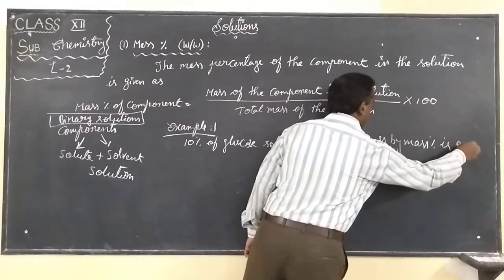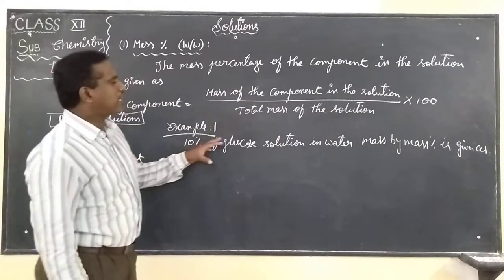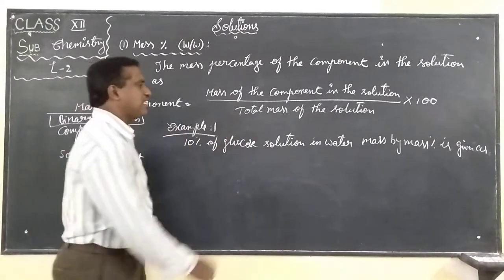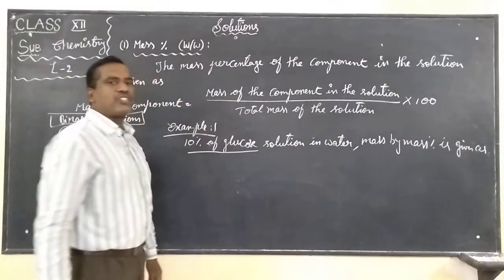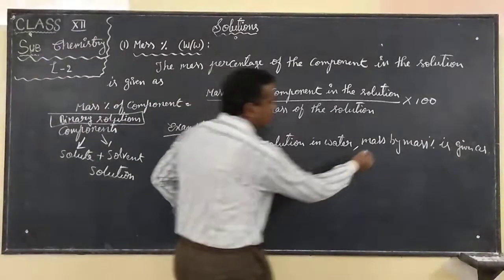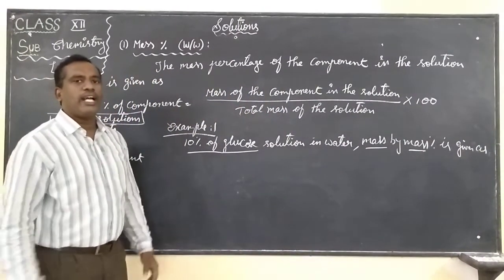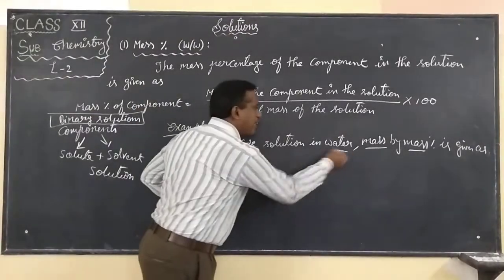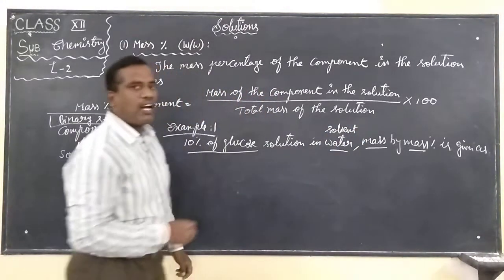Here, how much glucose did they mention? 10%. Mass by mass is the main thing we want, meaning the mass of the solute and the mass of the solvent. What is the solvent here? The solvent is water.